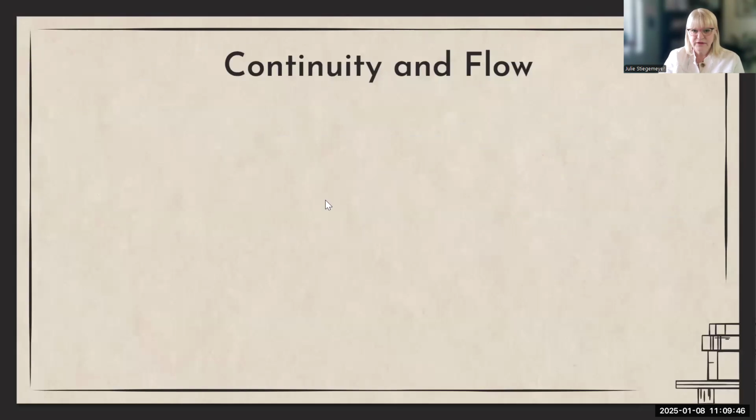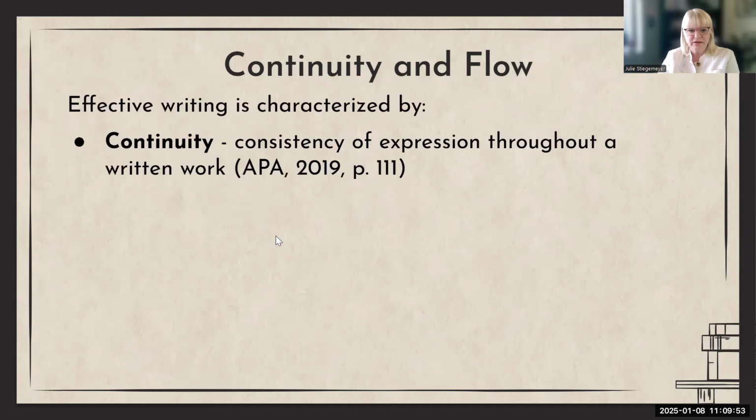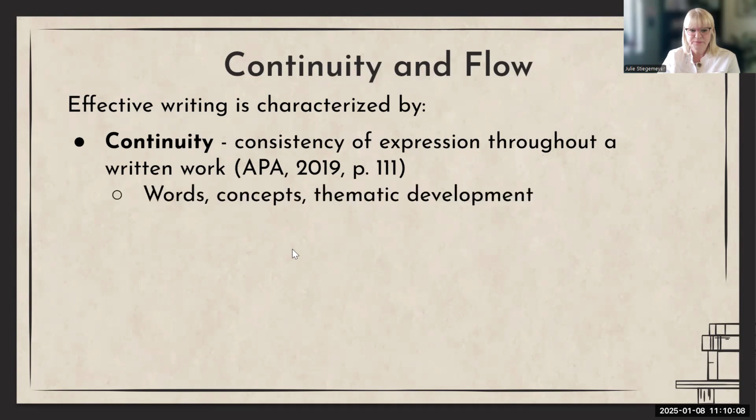In terms of continuity and flow, we want to think about effective writing being characterized by consistency of expression throughout a written work. And this comes straight from the APA manual, which, by the way, has really good information on the basics of writing at a scholarly level.